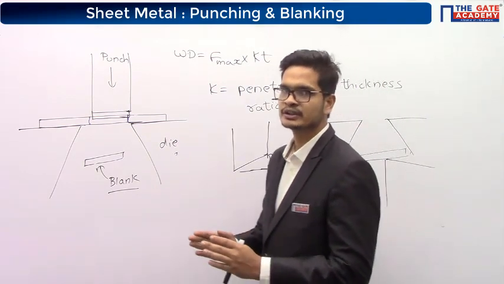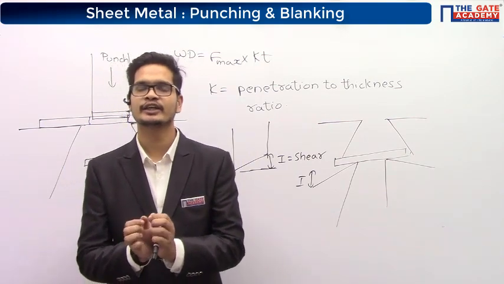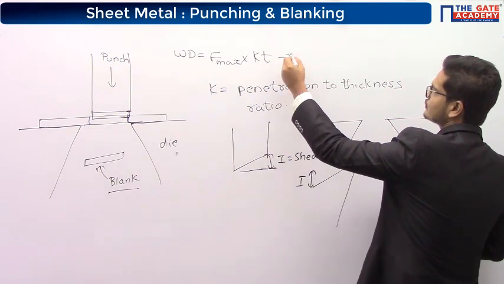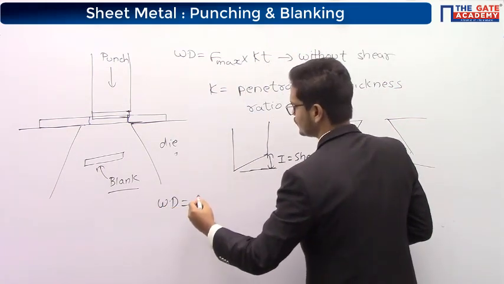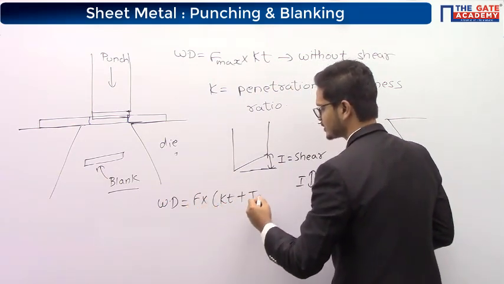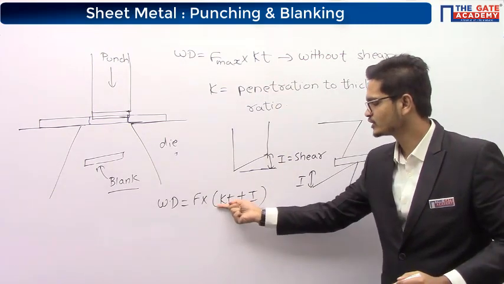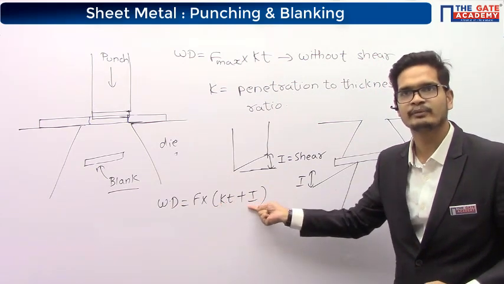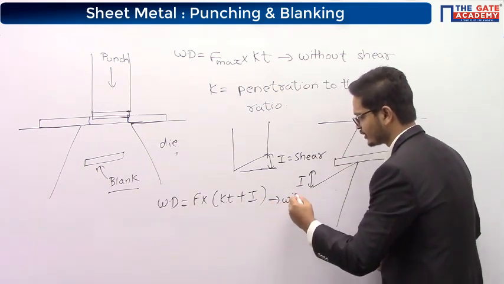Now what happens is, with or without shear, the work done remains constant. See, earlier this was the work done without shear: work done is equal to F into KT. Earlier the punch was moving a distance of KT. Now it will move KT plus I distance. So this is the work done with shear.